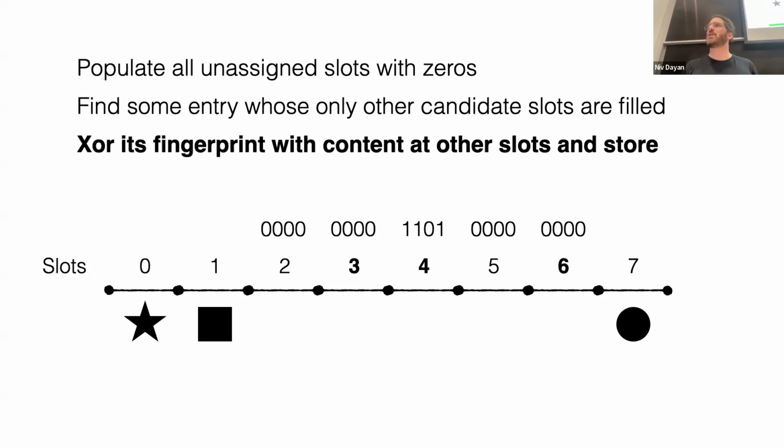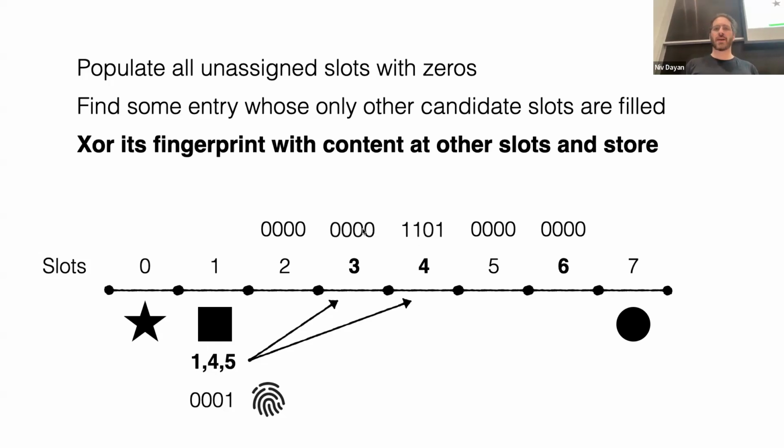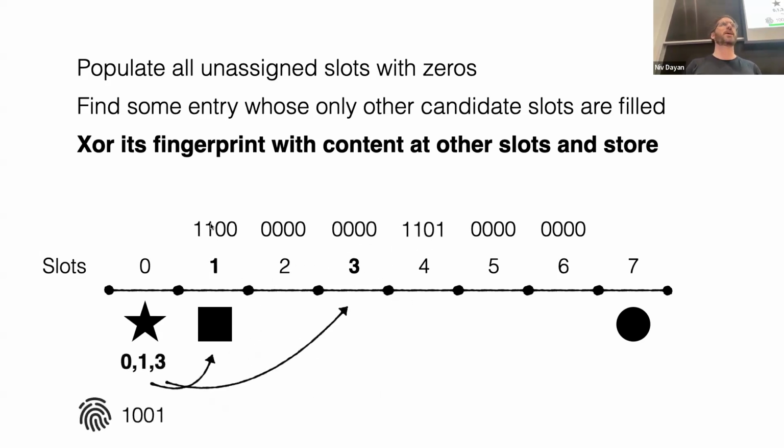Right? So let's continue with this. Let's take the square. So this is the fingerprint from the square. I get this fingerprint by just hashing the square. Then I also observe that the 2 other neighbors of the square, 3 and 4, these slots are now populated. So again, I'm going to take these slots, XOR them with a fingerprint here, derive this set of bits, and this is going to be the set of bits that I store here.